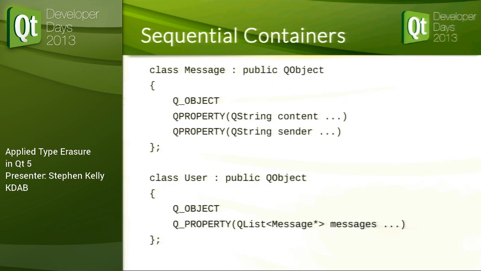And I have the message class definition up here as well. It also inherits from QObject. It has the content property and the sender property. And of course, as you saw, once I have a user, I want to be able to get its messages, iterate over them, and display them. I also want to be able to count the messages, so get the length.